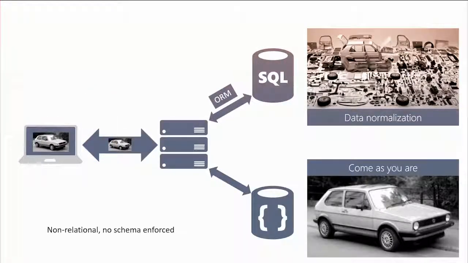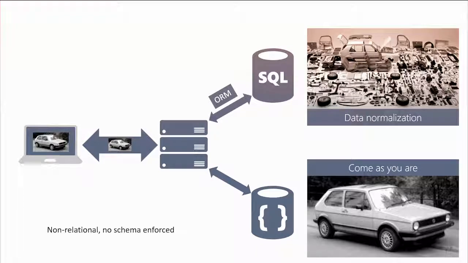So first, let's differentiate between your classic SQL in a normalized database and then what we're talking about here with Document DB. So as I move from left to right on my slide here, we're talking about a client application sending or receiving information about, say, a car.